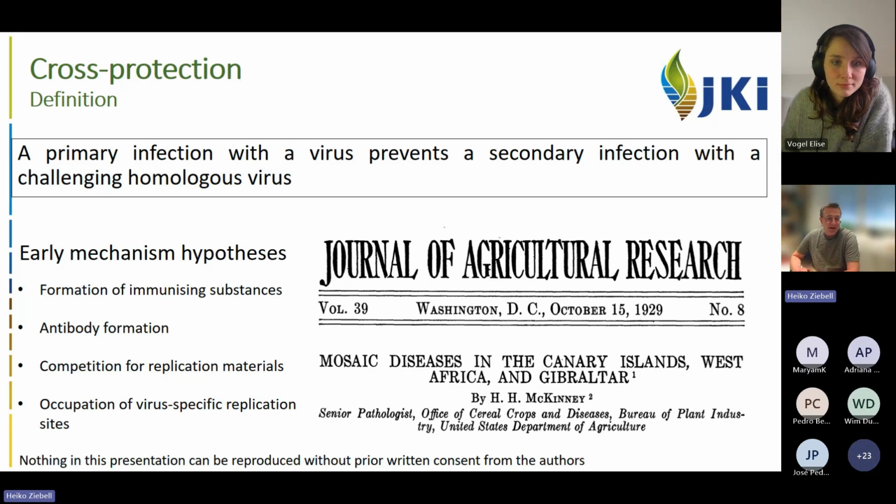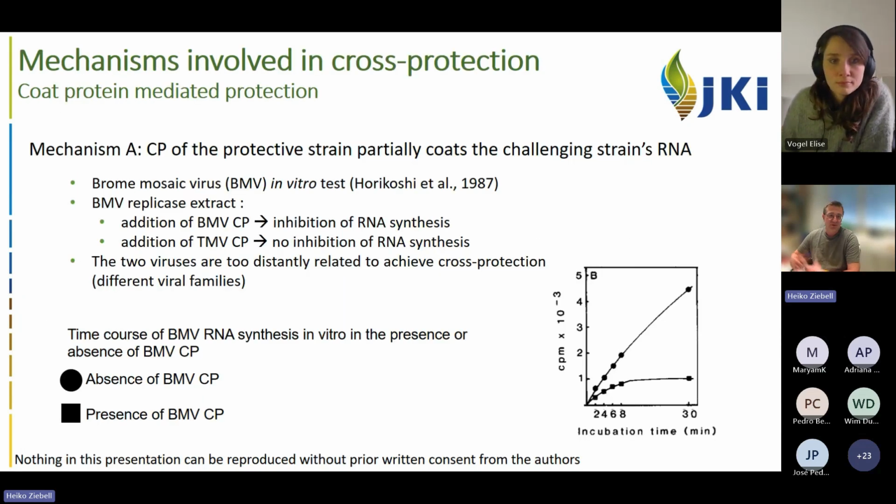Other hypotheses were the formation of antibodies, competition for replication materials, or the occupation of virus-specific replication sites. I'm going to present you the more validated hypotheses. One big part is the coat protein mediated protection.